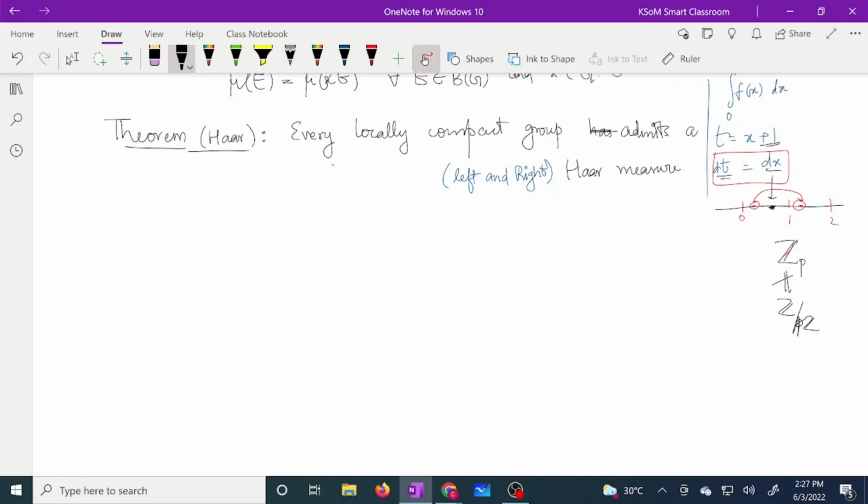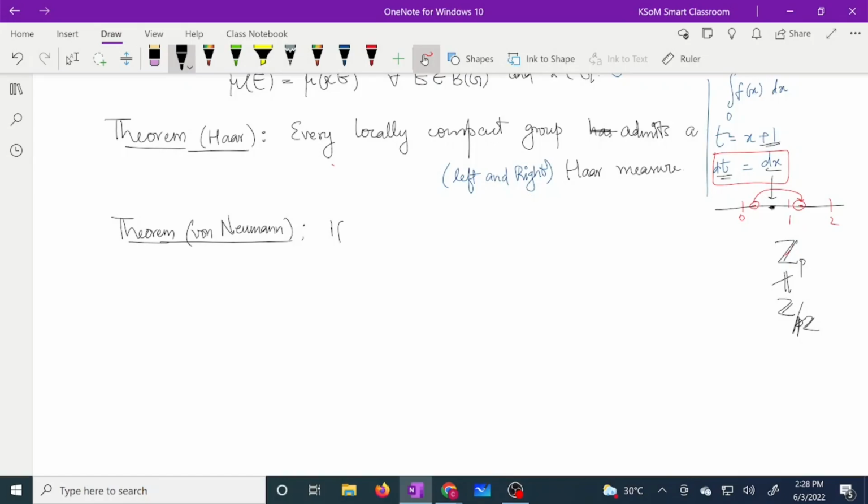Anyway, I was saying there is another reason why this Haar measure is very important. It's because it is unique. That is due to von Neumann, but generally it is attributed to Haar. I just wanted to make this historical remark clear.